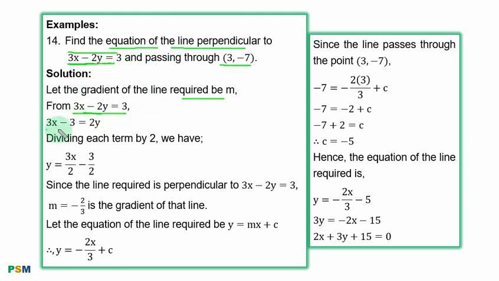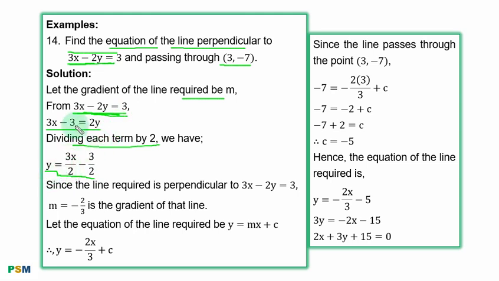You have it in this form. Divide each term by 2. You have y equal to 3 over 2 x minus 3 over 2. From here, the gradient is equal to 3 over 2. The gradient of this line is 3 over 2.